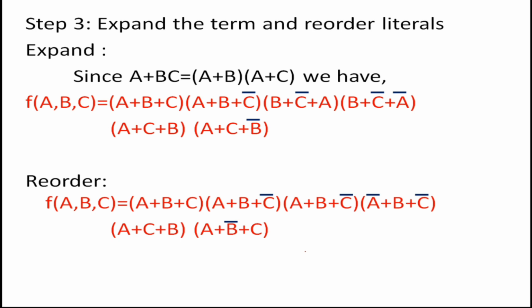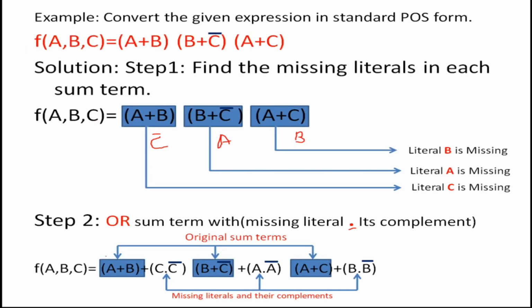In the second sum term there is a missing term, that is A and A bar. So it will be B plus C bar plus A, B plus C bar plus A bar. And the third sum term, A plus C, where B is missing: A plus C plus B, A plus C plus B bar. So we are expanding these terms.